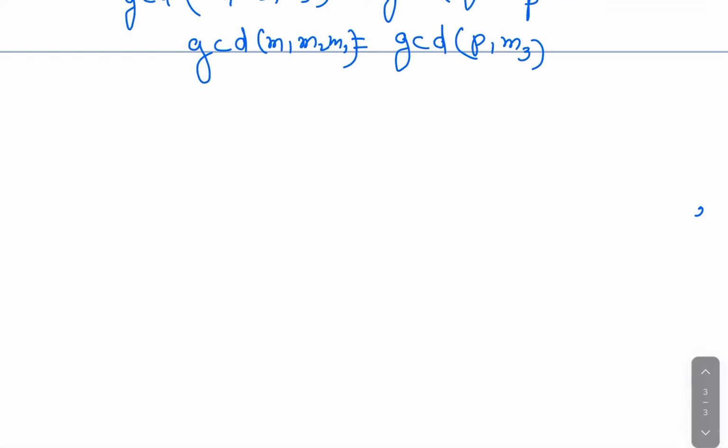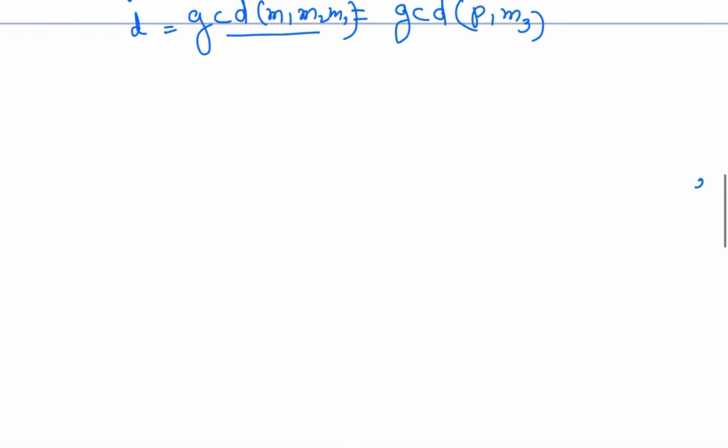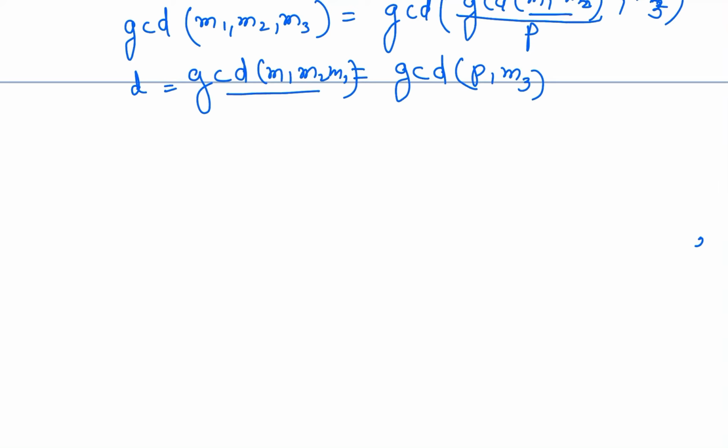So let us assume that GCD of M1 comma M2 comma M3 is equal to D, and GCD of M1 comma M2 we have assumed that it is P, and GCD of both these is equal to, let us assume that it is D, and now we need to prove that this D is the GCD of M1 comma M2 comma M3.